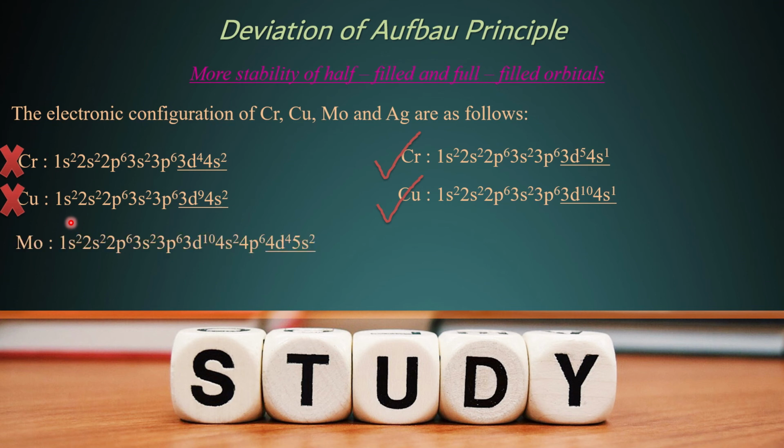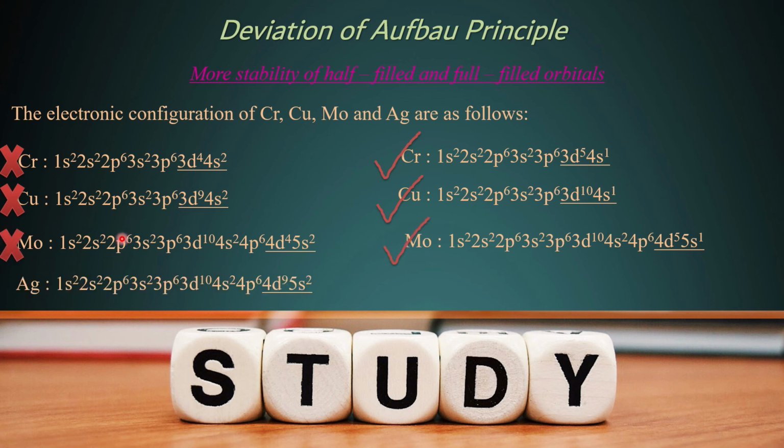In the same way, for molybdenum, if 1 electron from the 5s orbital goes to 4d and makes it half-filled, 4d5, then it will get more stability, and though this electronic configuration does not follow the Aufbau principle, this one is correct and this one is wrong.